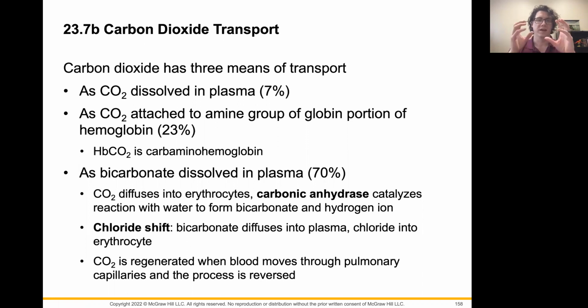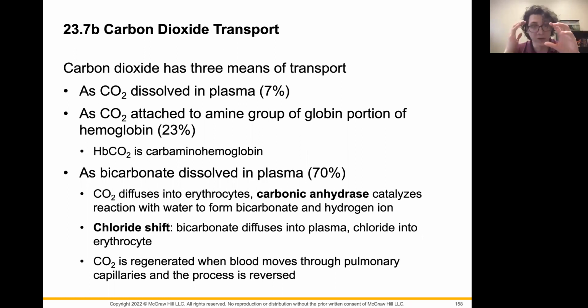Now, 23% of the CO2 is going to be found bound to hemoglobin. Hemoglobin releases its oxygen molecules, and then those CO2s come in and grab onto exposed amine groups on the hemoglobin. That causes a little bit of a conformation change in the protein once again.